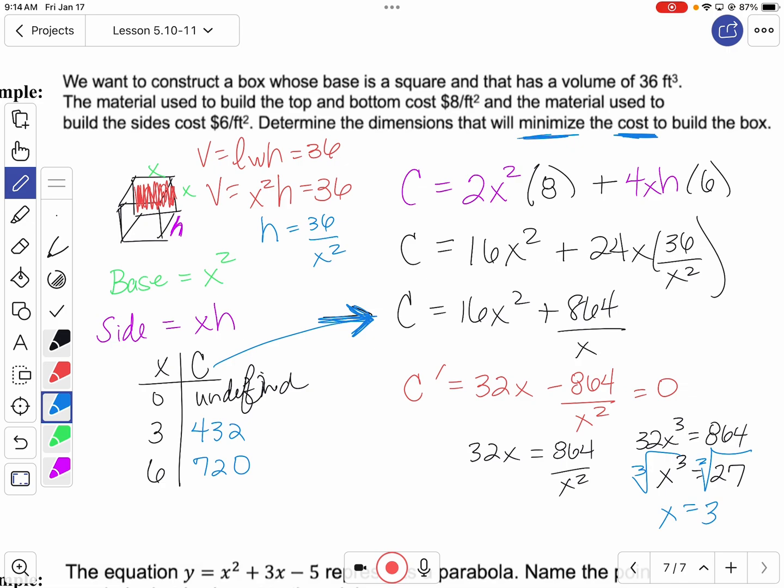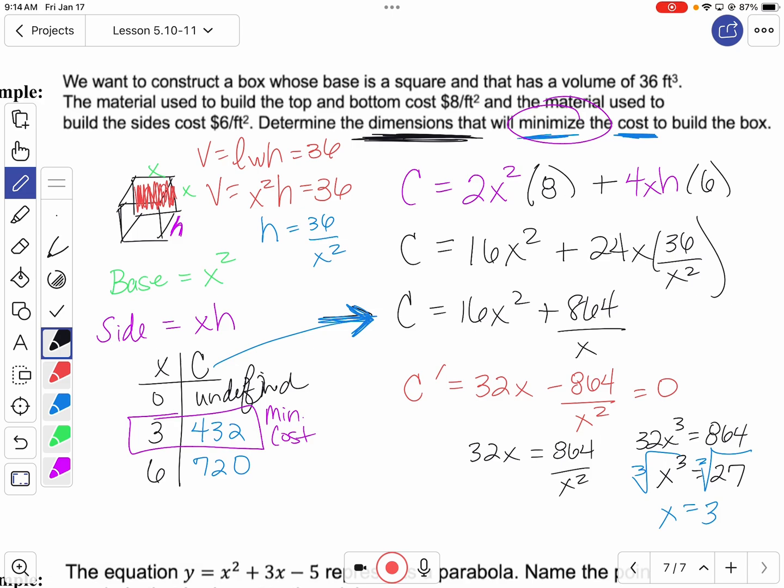Now, what did they ask me to do with the cost? Minimize. Which one's going to give us the minimum? 3. So this is the minimum cost. It asked me to find dimensions, so we're going to go back to our volume formula because I need x and I need a height.